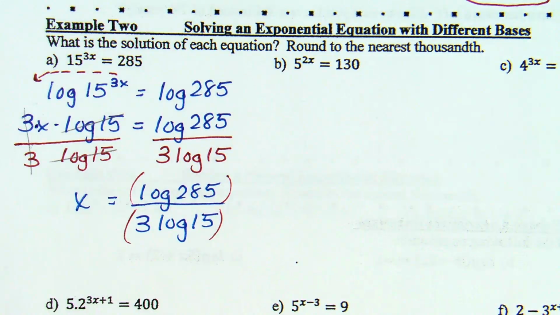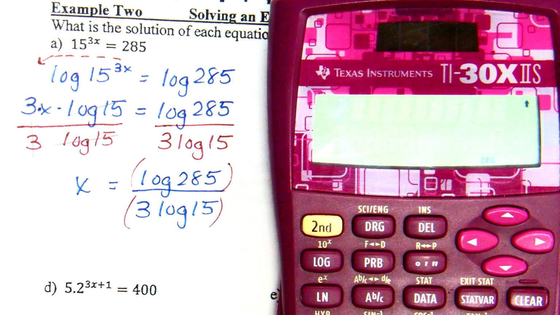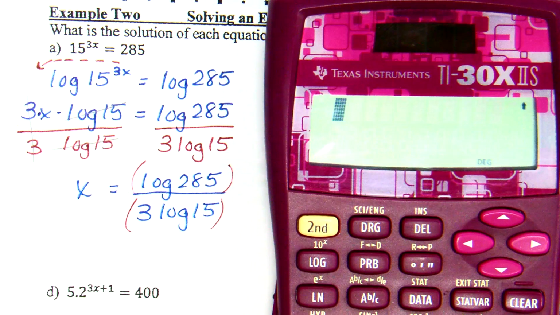That will get you there. Or it's log of 285 divided by 3 times log of 15, put parentheses around it. This is where it's incredibly important that you play with the calculator that you like to use and make sure you can get a correct answer. Does that make sense? Don't wait until the day of the test. If you're not sure how to use this calculator, I'm going to be a little frustrated with you. It's not that it won't help you, but practice is going to make it better.